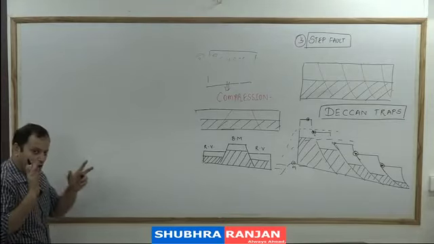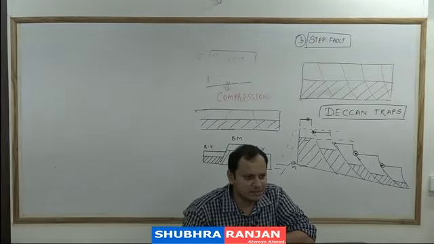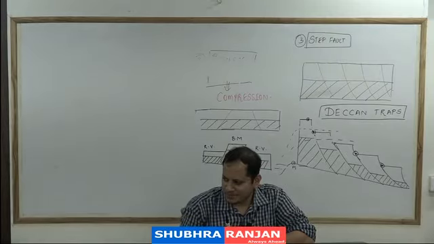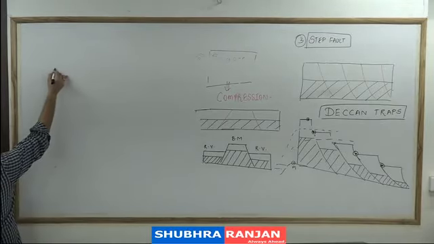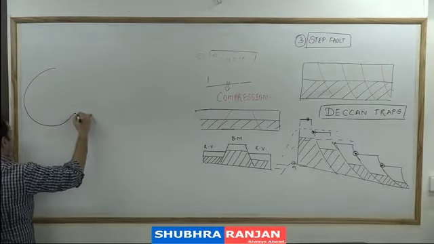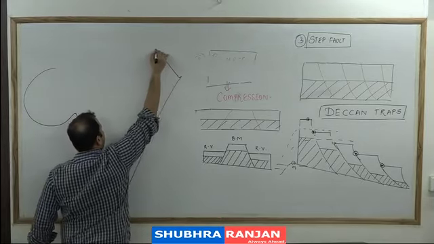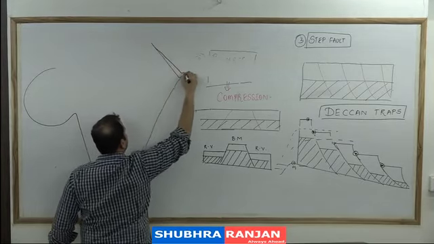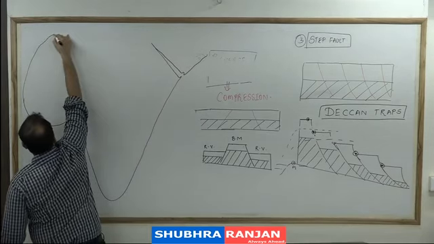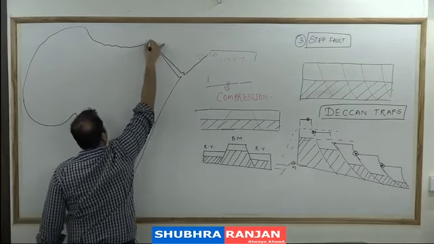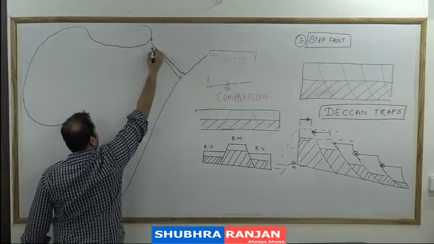So which is the longest fault system in the world? The longest fault system in the world is, look here. It starts from Syria, then Dead Sea.